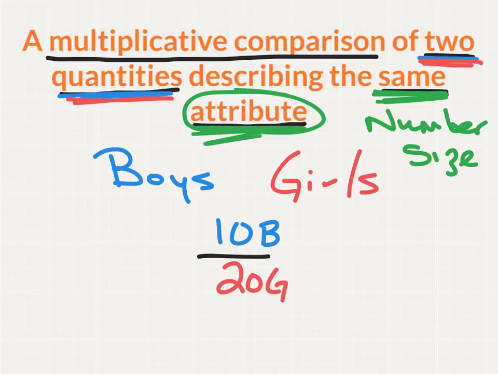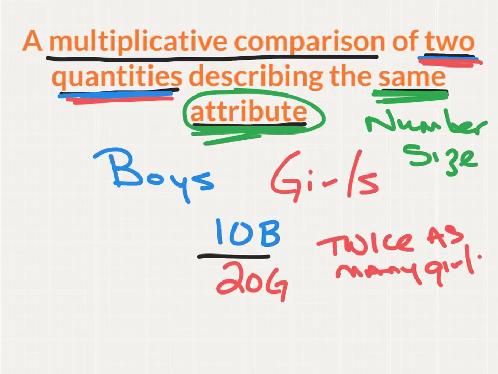And I can also see in this particular ratio that I have twice as many girls as boys. When I have 10 boys, I have 20 girls. The relationship between the boys and the girls suggests twice as many girls as boys.